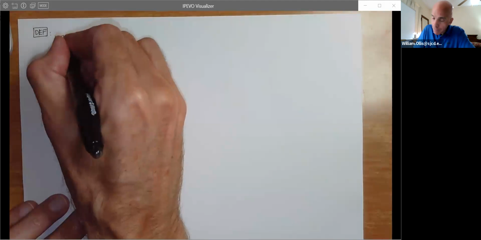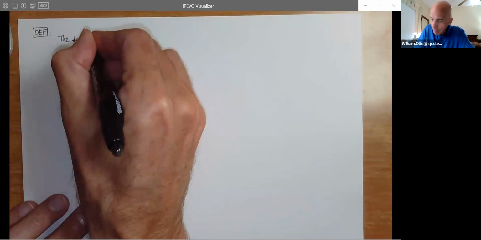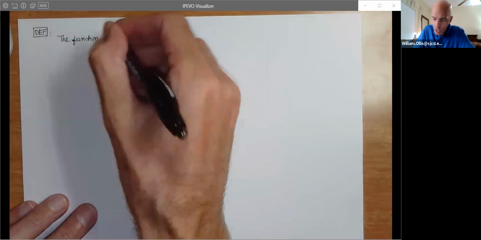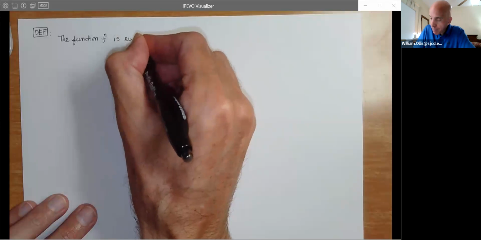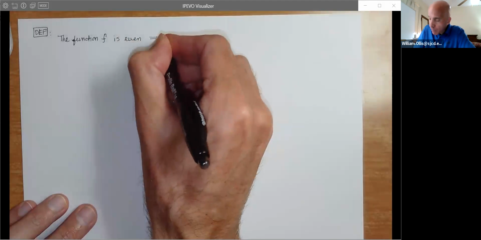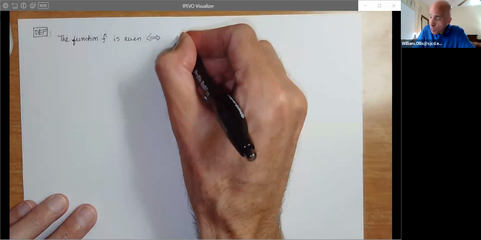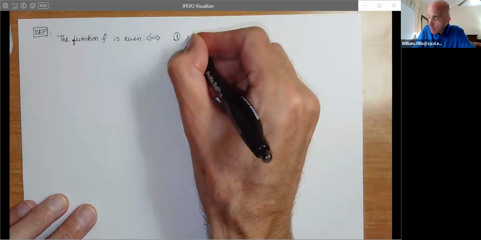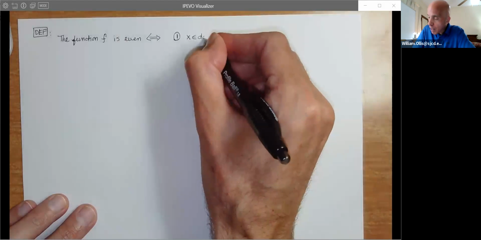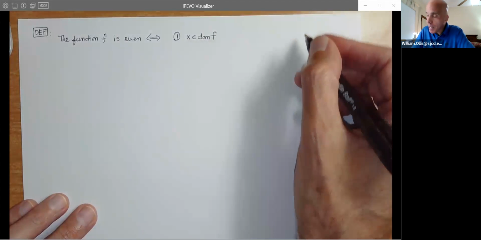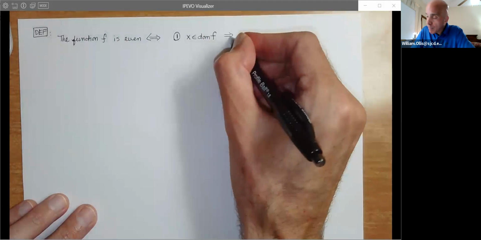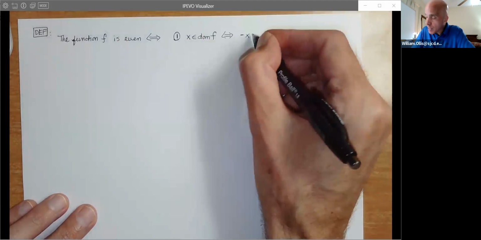The function, and you probably already know this, I just want to fill in the detail. The function f is even if and only if, and there are two rules. One, if x is in the domain of f, and I'll use the shorthand because we're going to be lazy, then that means that its additive inverse must be in the domain.